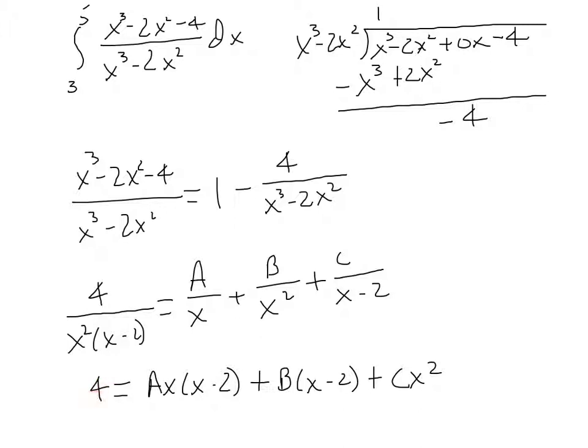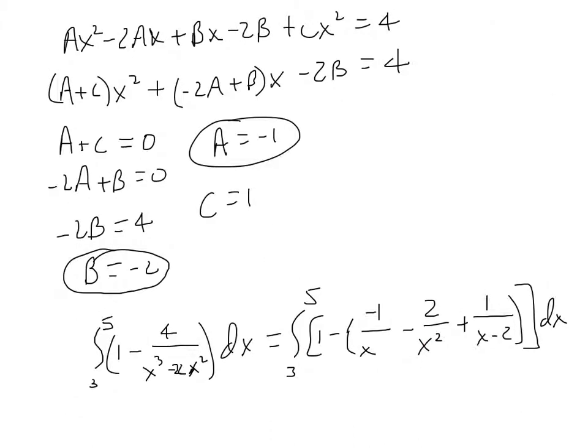We wind up with 4 equals ax times x minus 2 plus b times x minus 2 plus cx squared. Multiplying all that out, we wind up with ax squared minus 2ax plus bx minus 2b plus cx squared is 4.